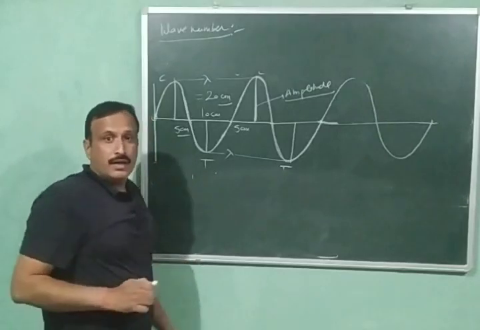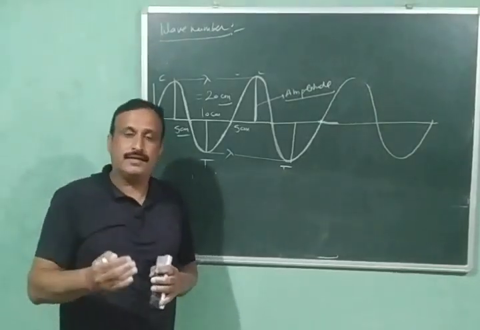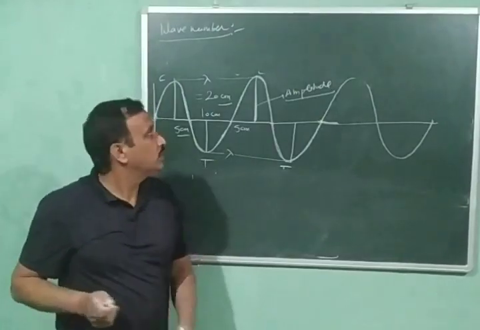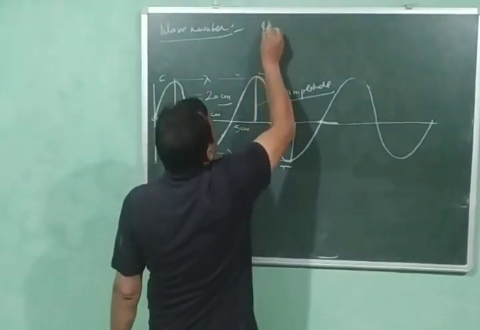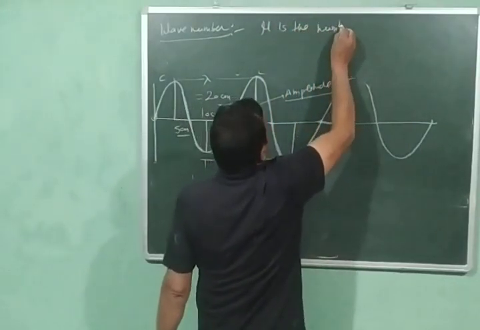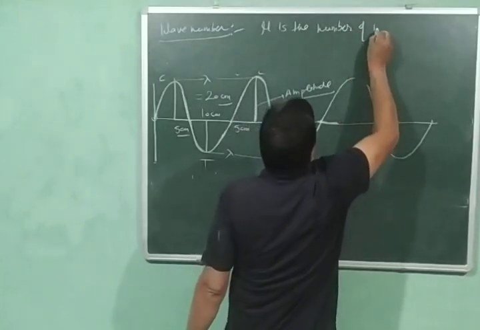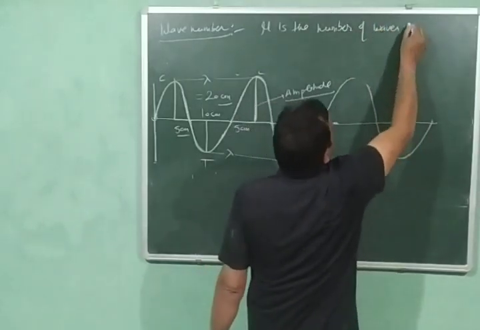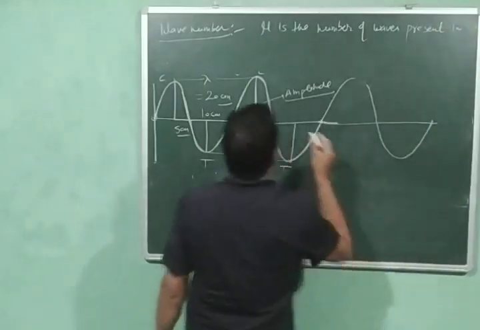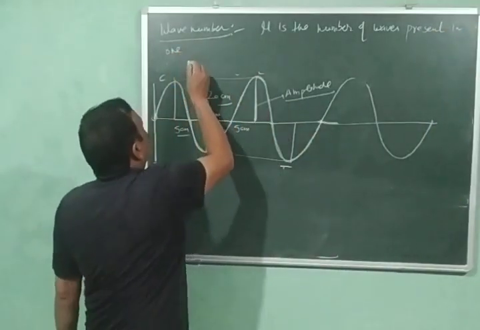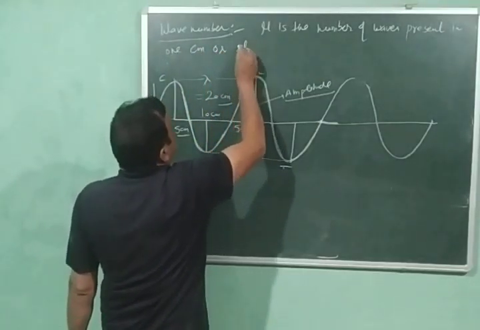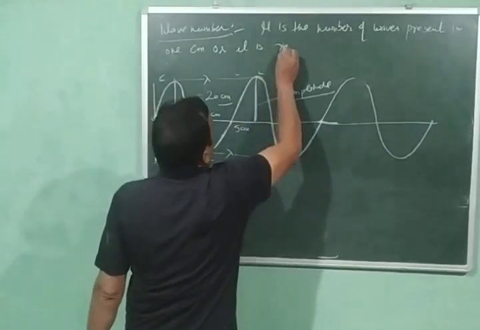Wave number is the number of waves present in 1 centimeter, or it is simply the reciprocal of wavelength.